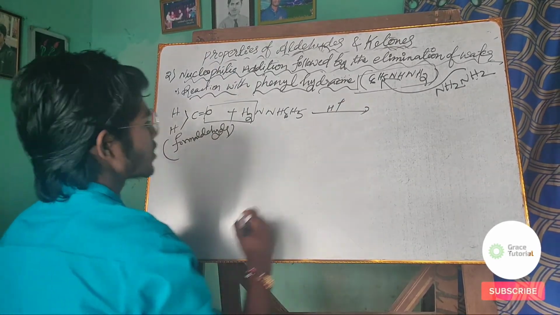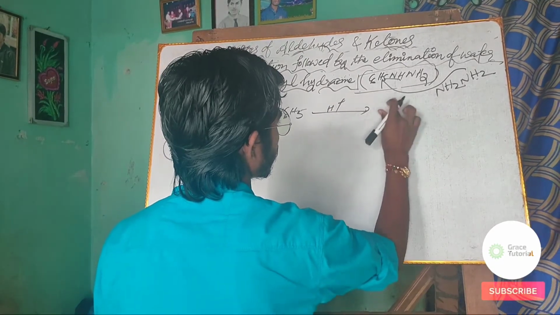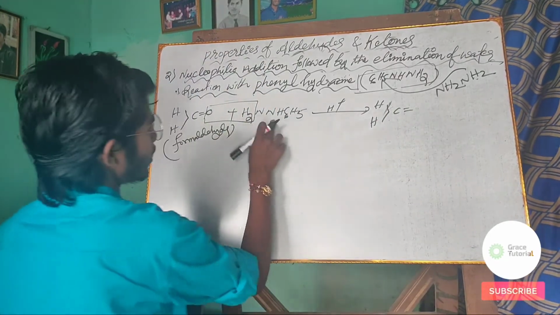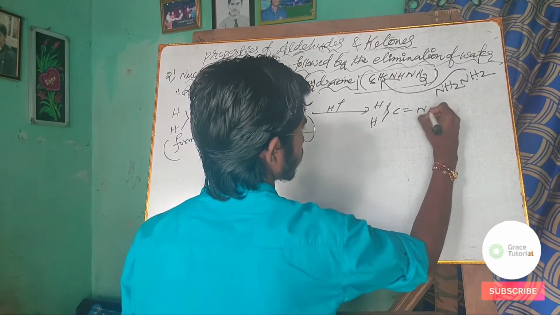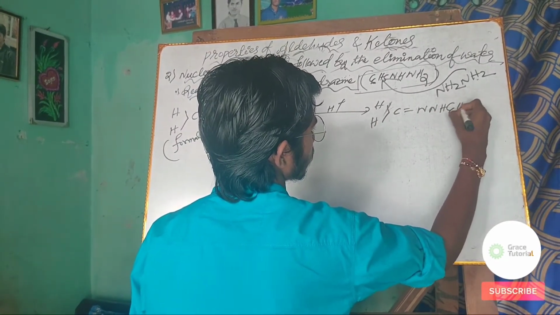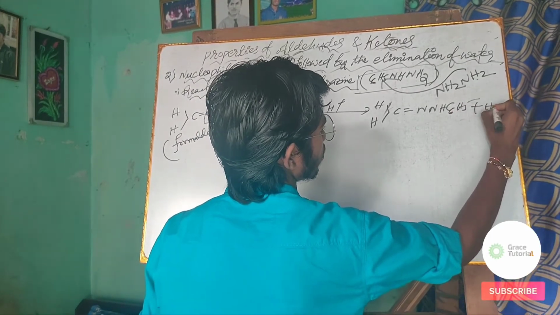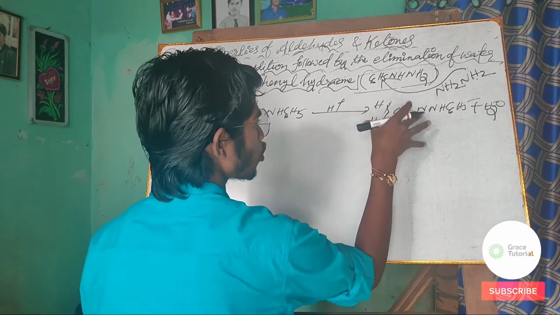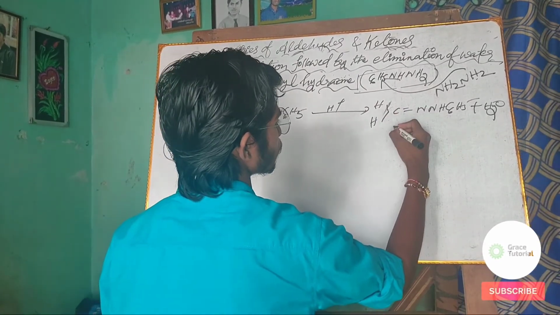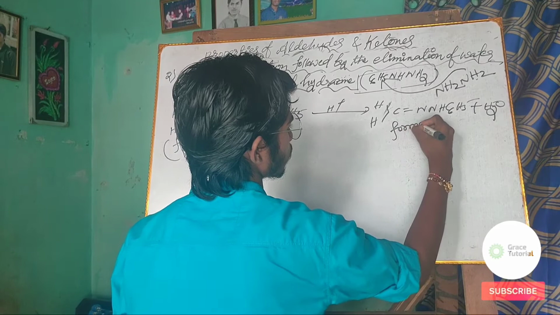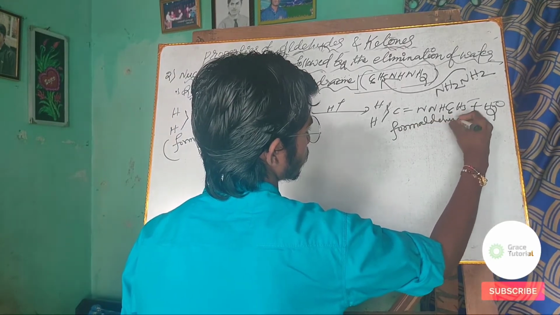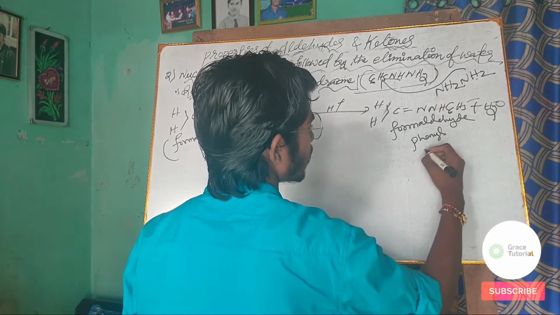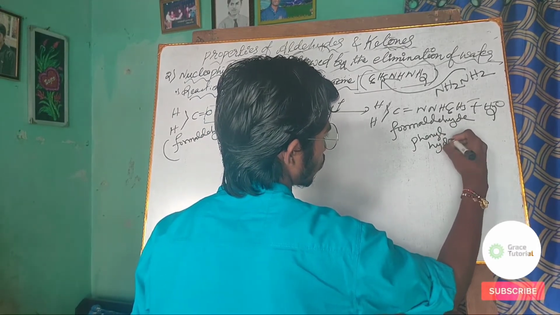In the presence of a little bit of acid, you will get NNHC6H5, then with the elimination of the water molecule, this is formaldehyde phenylhydrazone.